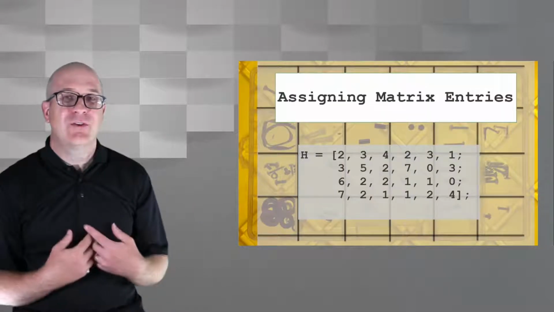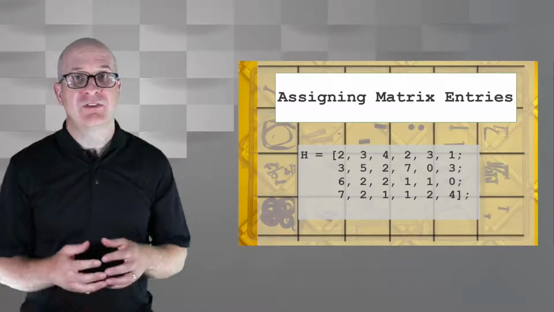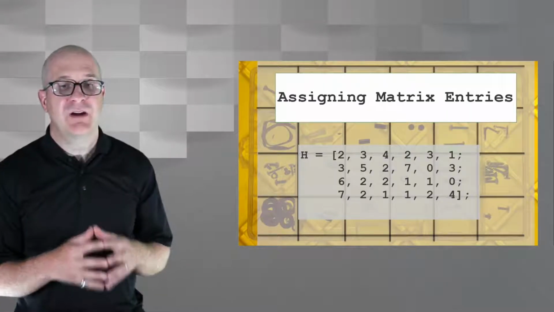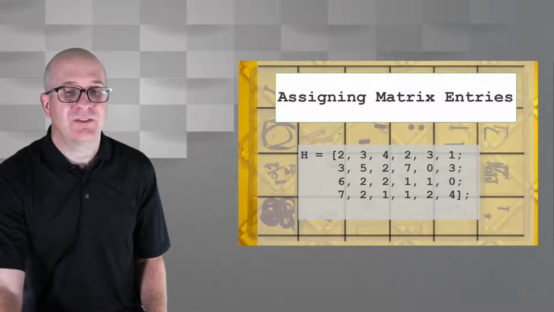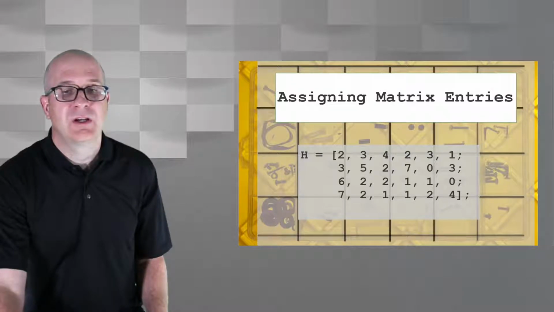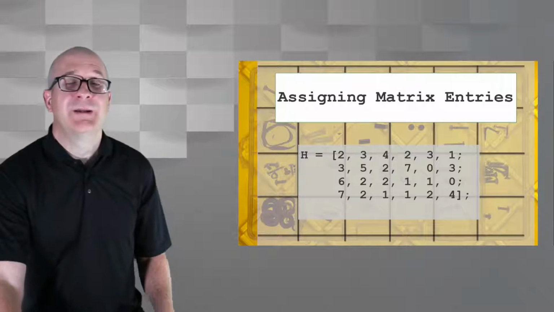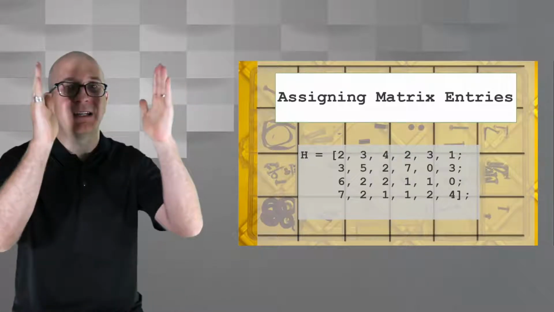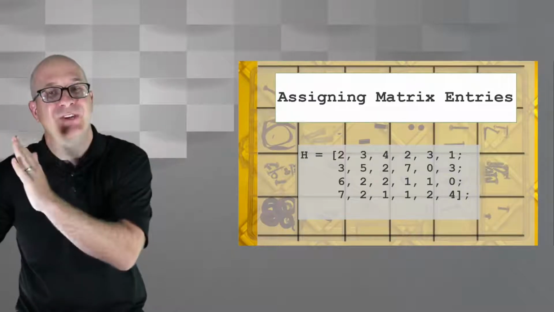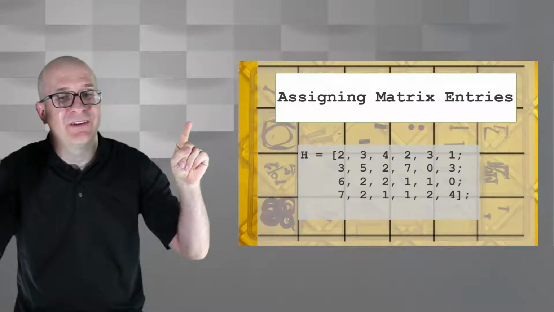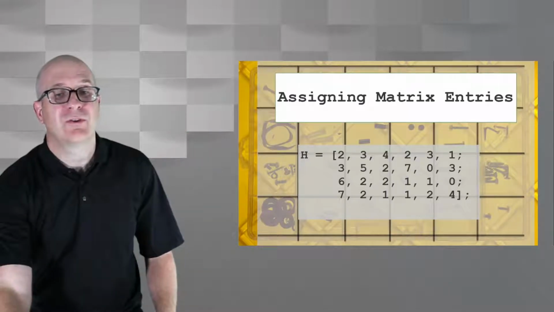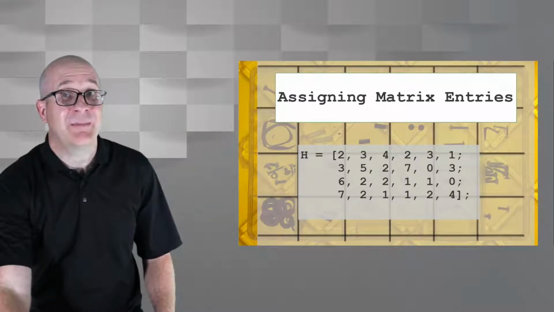In order to assign values to this matrix, I can write the matrix values. Here I've just put H for hardware box. So H is equal to 2, 3, 4, 2, 3, 1. The commas separate different columns of that matrix. To start a new row, I put a semicolon.